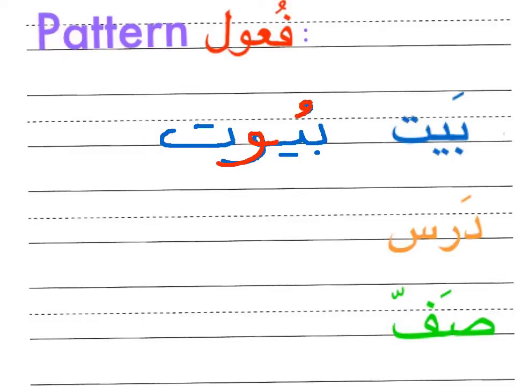Same for daris. Daris, with fa, ra, sa, becomes durus. As for saf, notice the shadda, so that means it should be two fas, but it became saf, so it's sa, fa, fa.